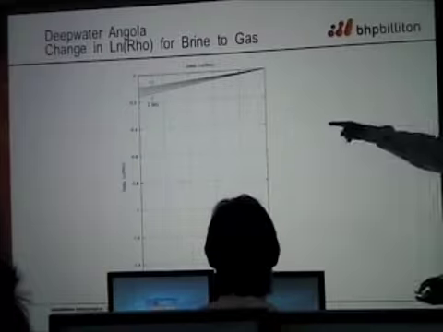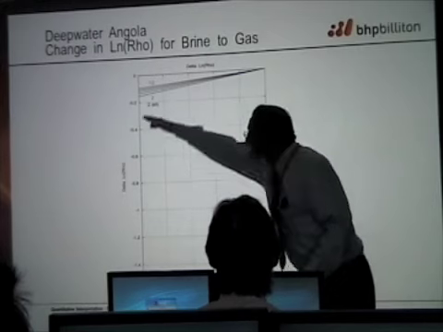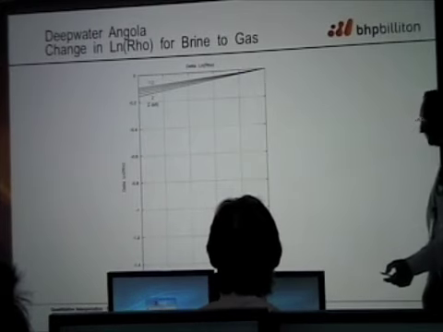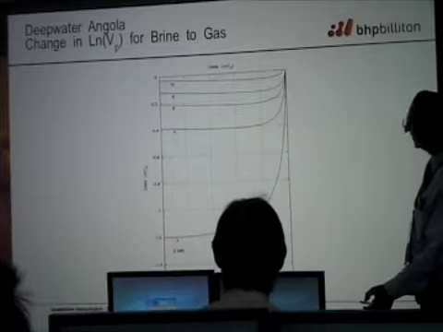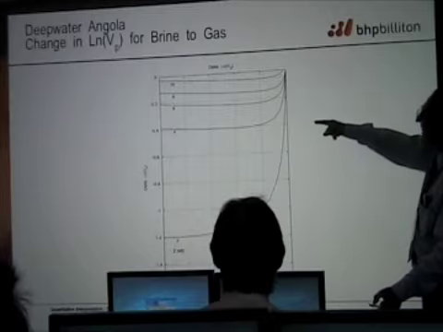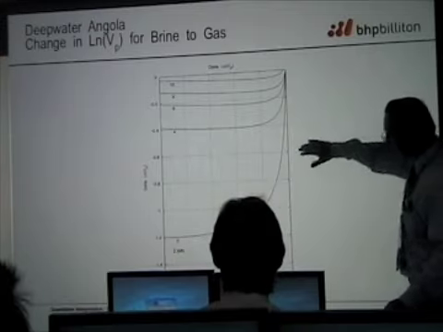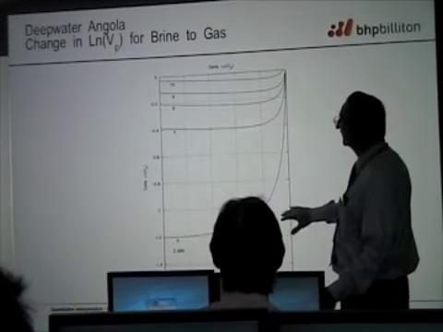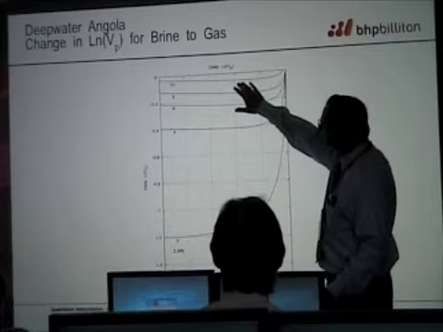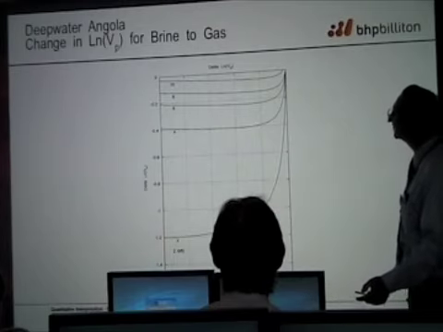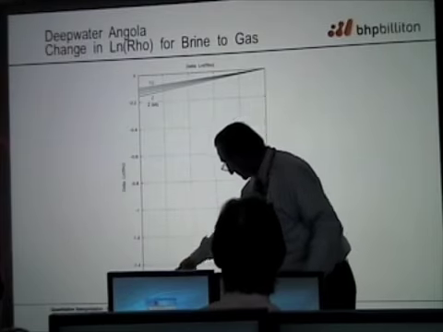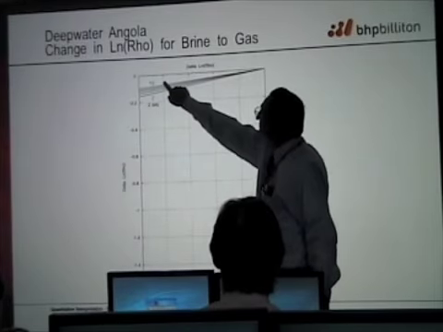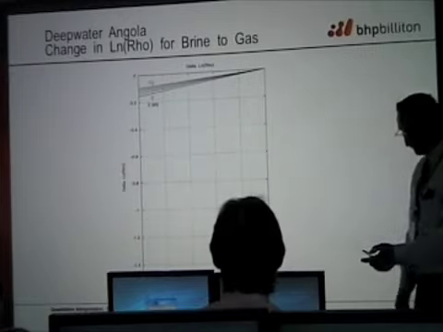So here's density. You're going to see the same scale over here on this side. Here's delta log rho with delta log Vp. So I got a huge effect at 2,000 feet. Not much effect at 10,000 feet. Let's go back to the last one now. Here's 2, here's 10. Here's commercial reservoir over here, residual water saturation or something.